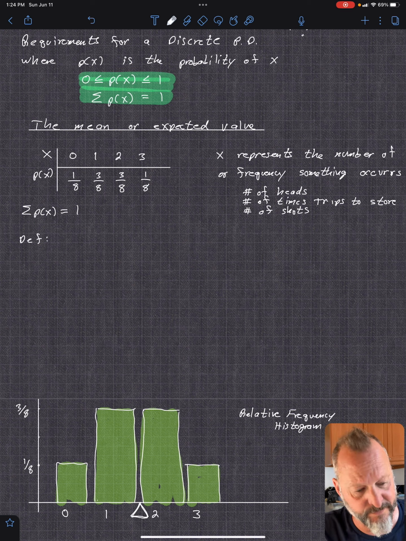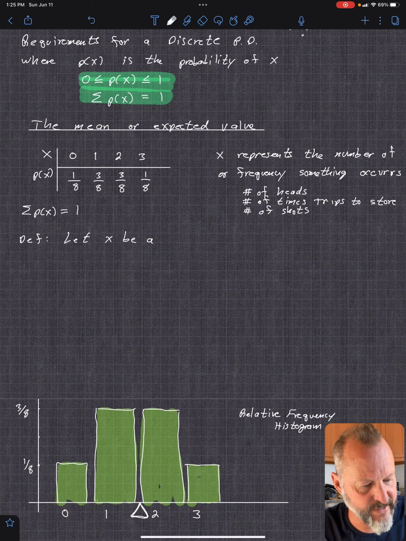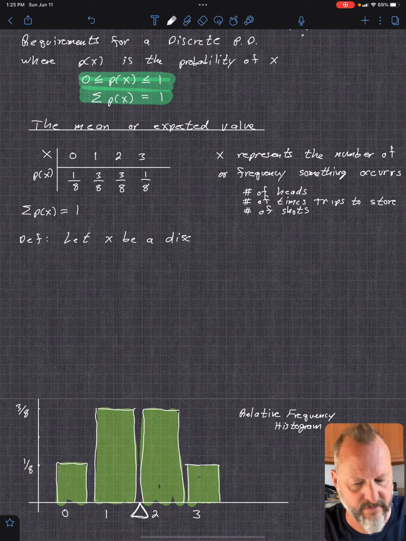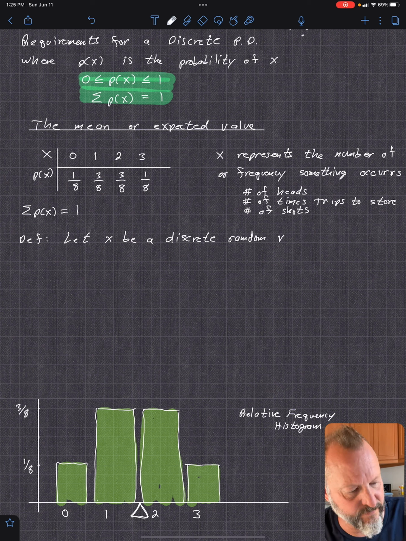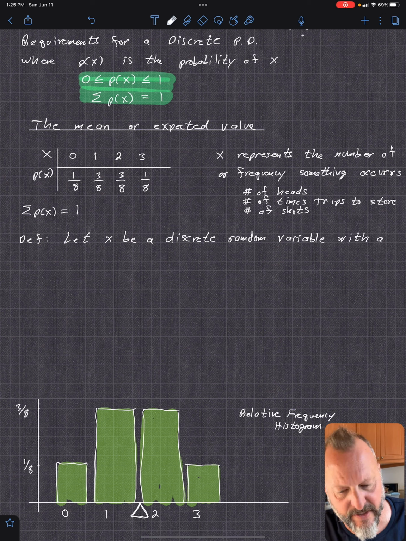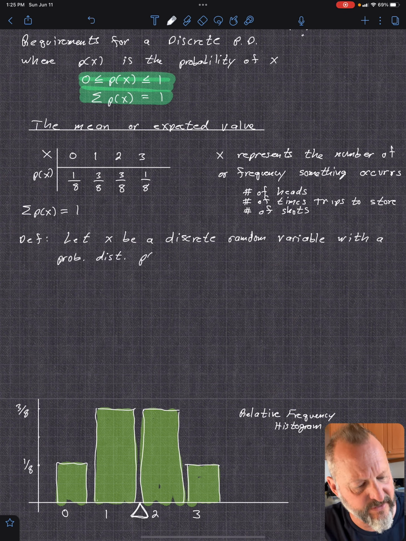So here's the definition. We let x be a discrete random variable with probability distribution P of x.